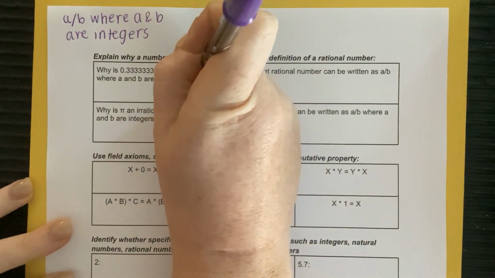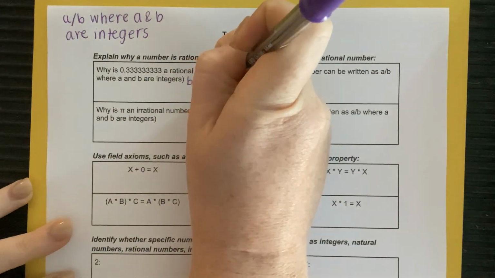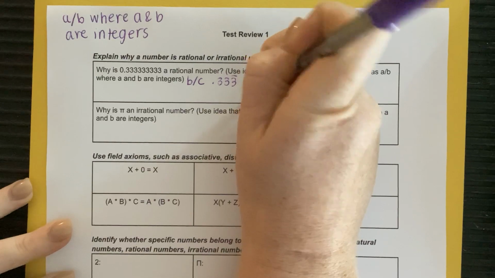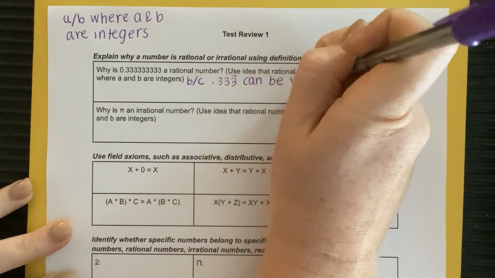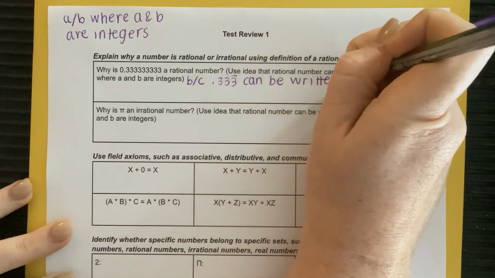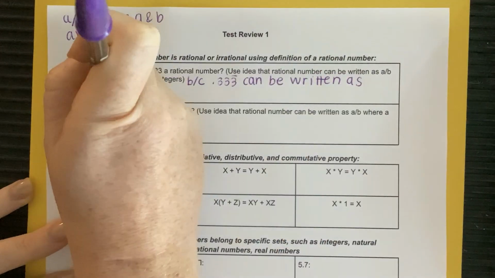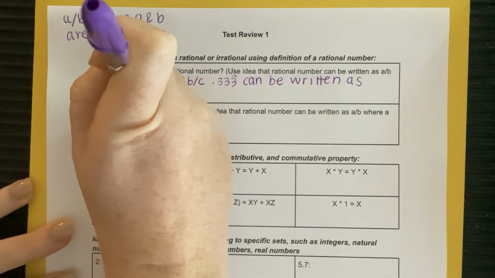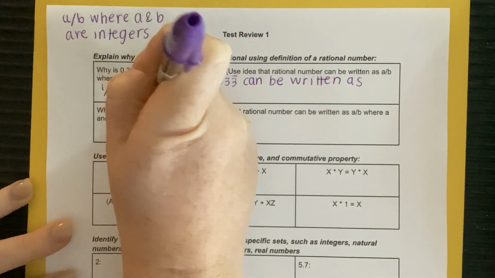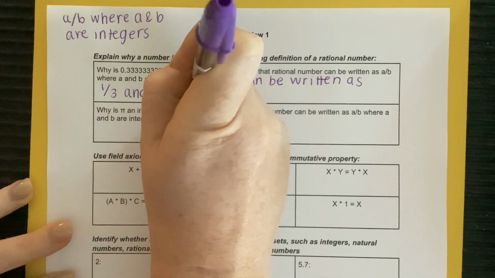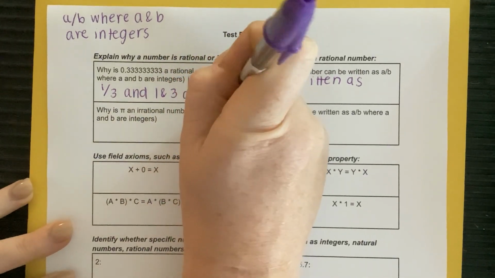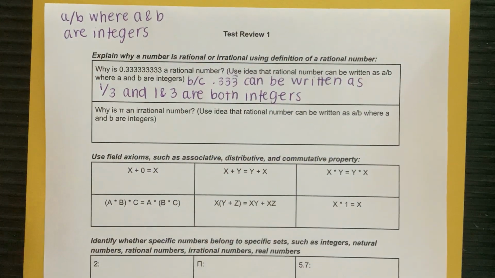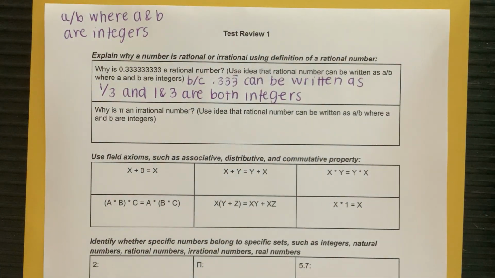You would say, because 0.333 repeating can be written as 1 over 3, right, a third, and 1 and 3 are both integers, okay? So not just saying, yes, it is, explaining, yes, it is, and this is why it is.